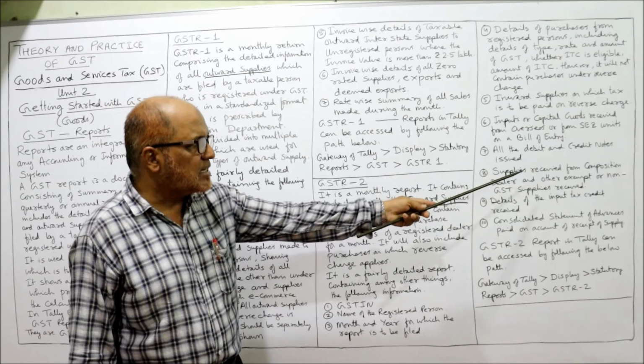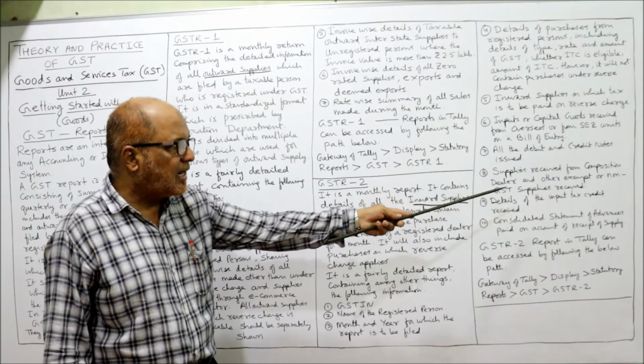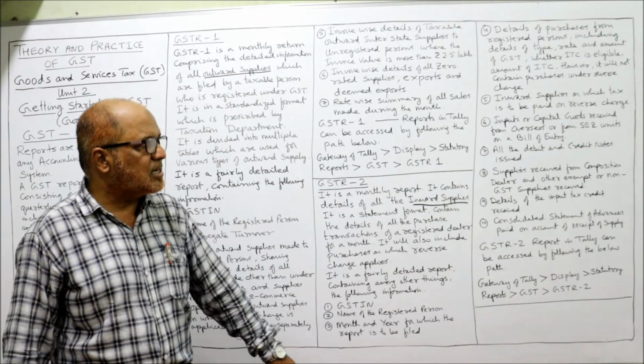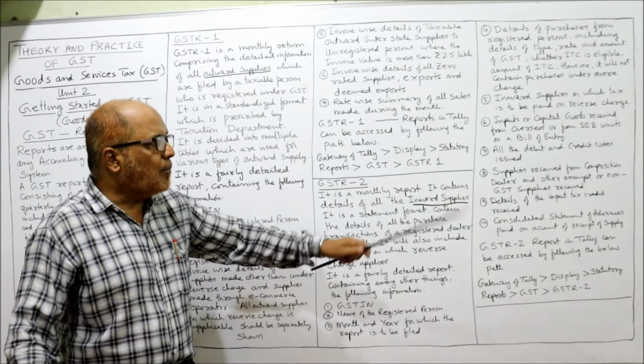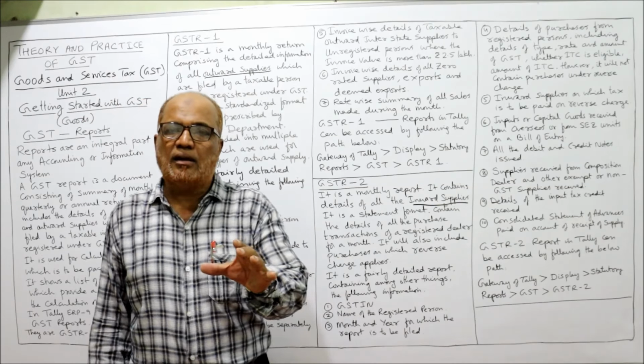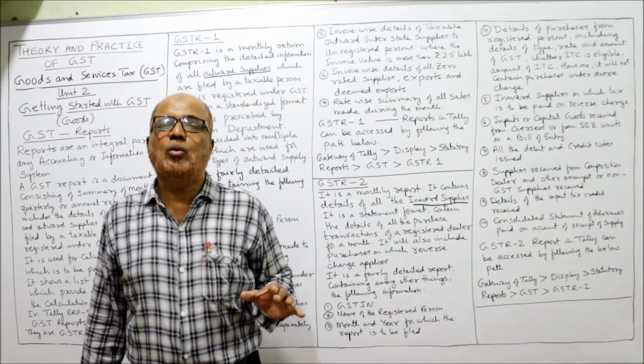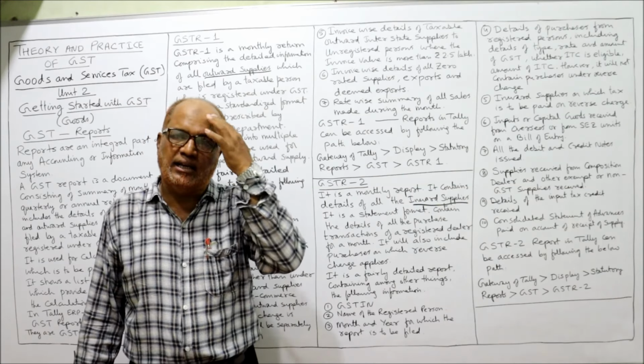Supplies received from a composition dealer and other exempt or non-GST supplies received. In the last video I explained who a composition dealer is.